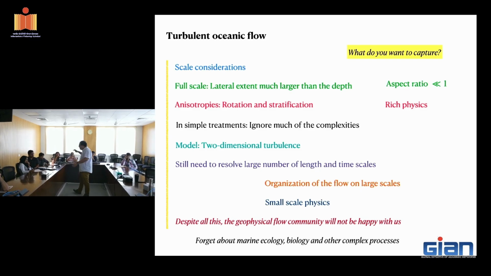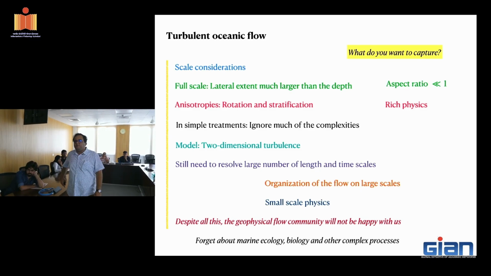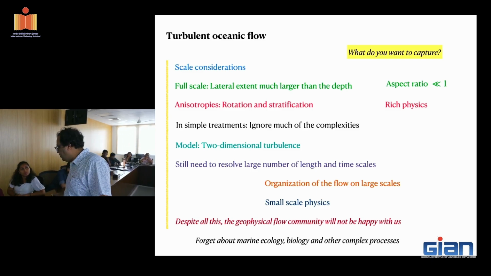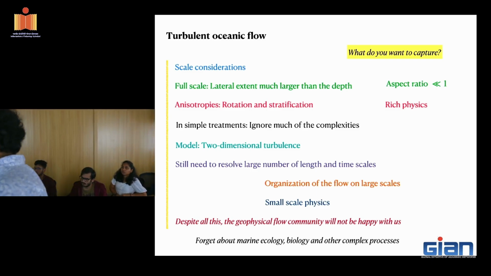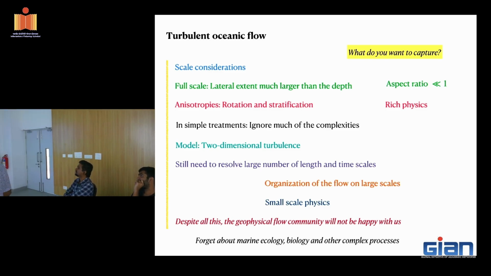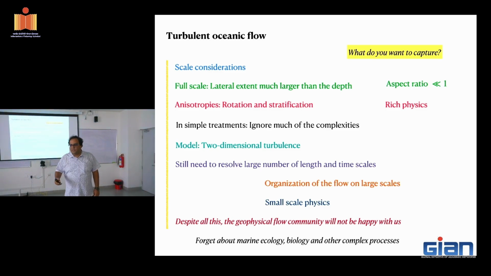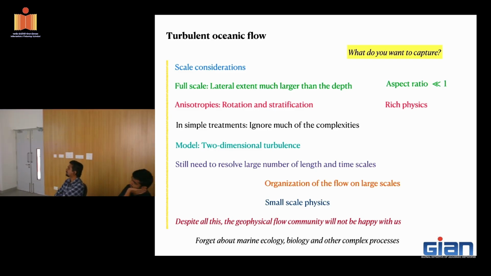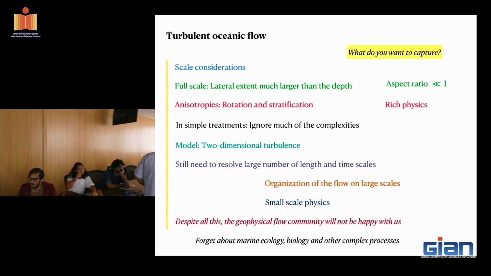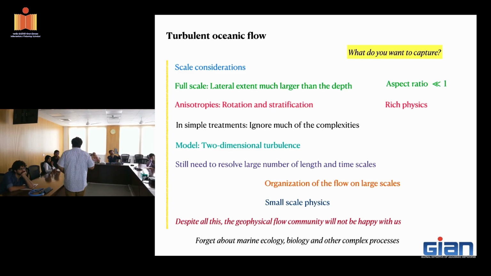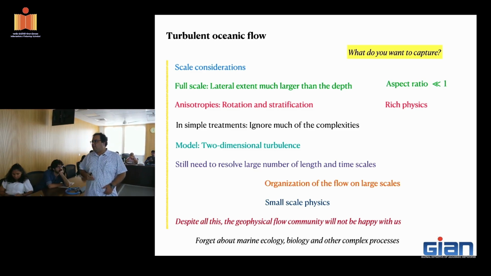So effectively two-dimensional. Okay? At the same time, you have to worry about anisotropies which are there, right? Your Earth is rotating, ocean is full of salt, so you will experience, for example, effects of rotation. You will also experience effect of stratification, right? Density stratification. So all that is going to affect the dynamics to some extent. But I cannot afford to deal with all of them.